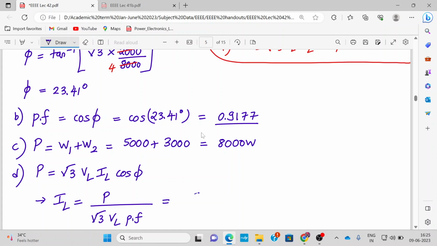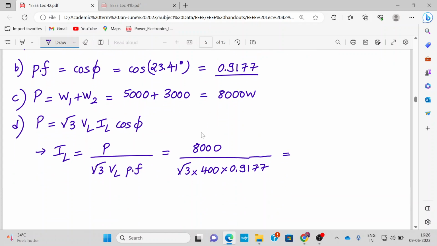So power is 8000 divided by root 3, VL is given as 400 and power factor is 0.9177, which we have just calculated. If you put all the values in the calculator, you should get somewhere around 12.58 amperes. Alright. So the value of the line current will be 12.58 amperes.